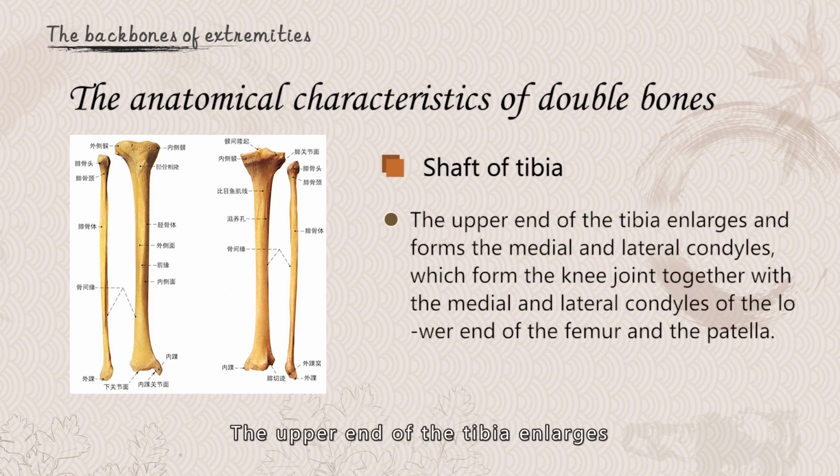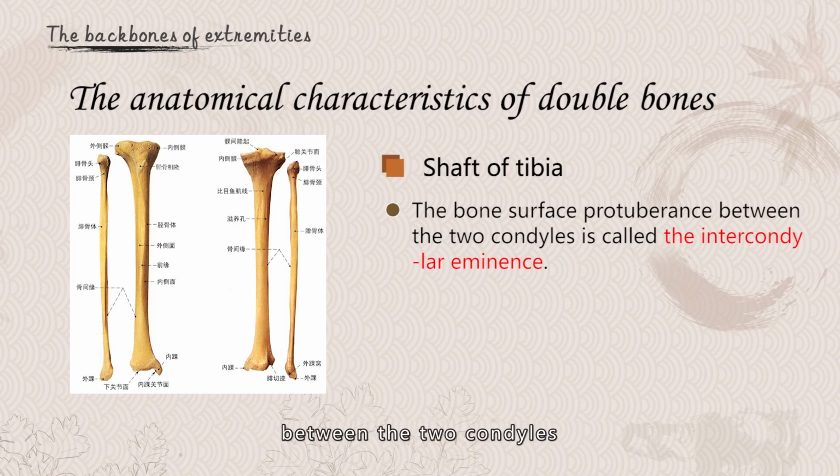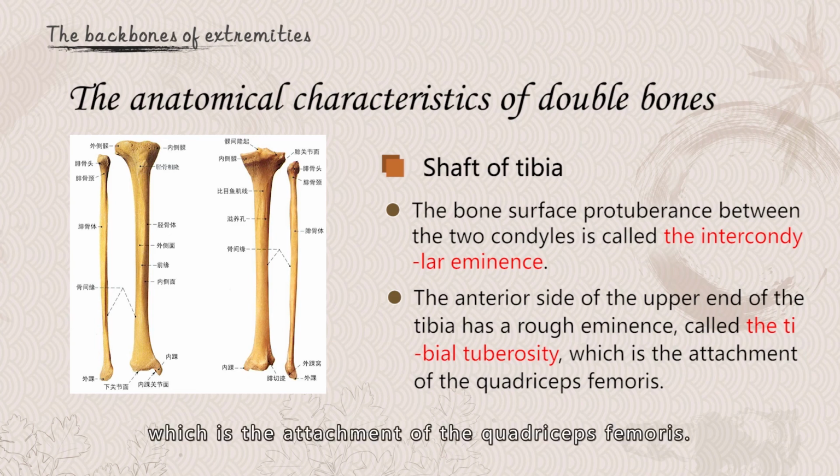The upper end of the tibia enlarges and forms the medial and lateral condyles, which form the knee joint together with the medial and lateral condyles of the lower end of the femur and the patella. The bone surface protuberance between the two condyles is called the intercondylar eminence. The anterior side of the upper end of the tibia has a rough eminence called the tibial tuberosity, which is the attachment of the quadriceps femoris.